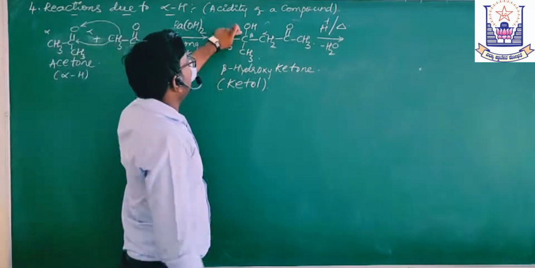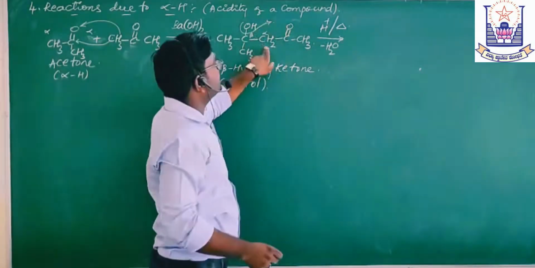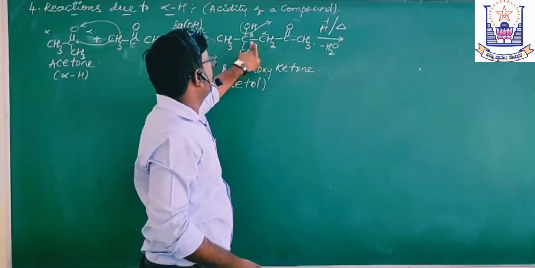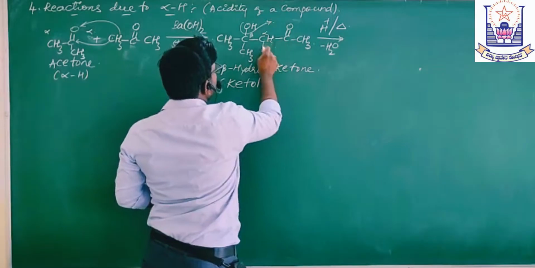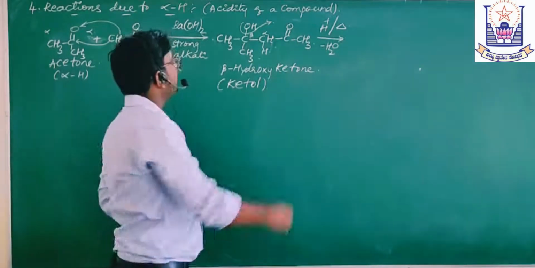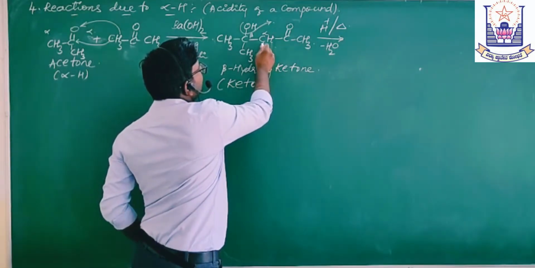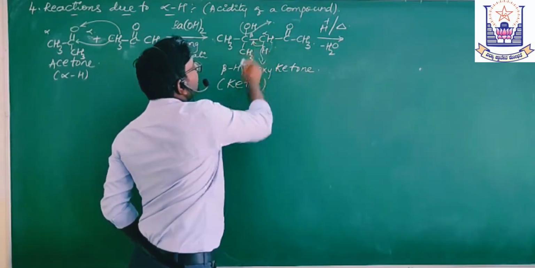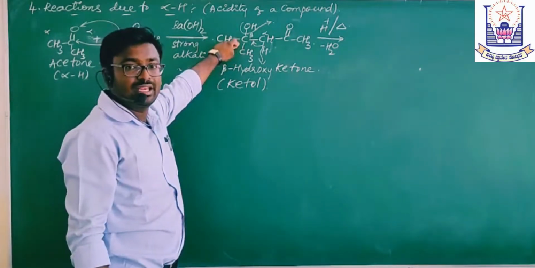Now the OH minus will be removed from here, H plus will be removed from here during the elimination reaction. It is like this. From that CH2 I take one hydrogen, and here you have a single bond. This will make a double bond here to satisfy the tetravalence of the carbon atoms.